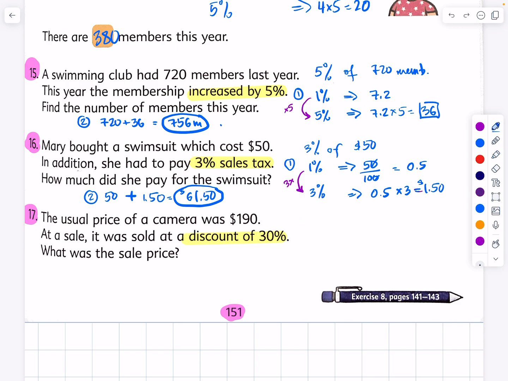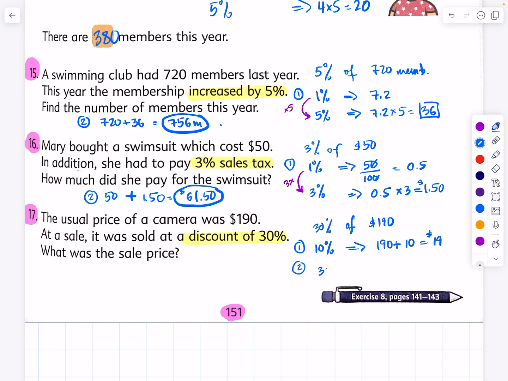So step one, we need to find 30% of $190. Well, I like to find 10% first because 10% is that nice, easy benchmark. So step one, let's find 10%. It is 190 divided by 10, because to find 10% is one tenth. So it is $19. $19 is 10%.